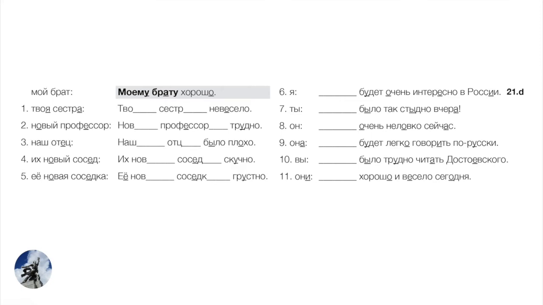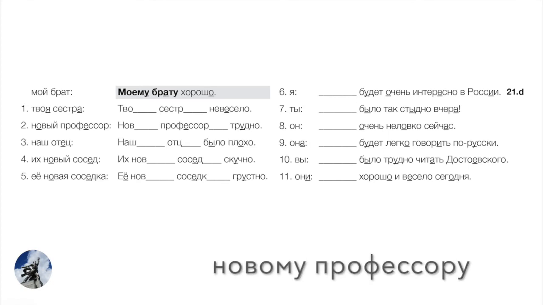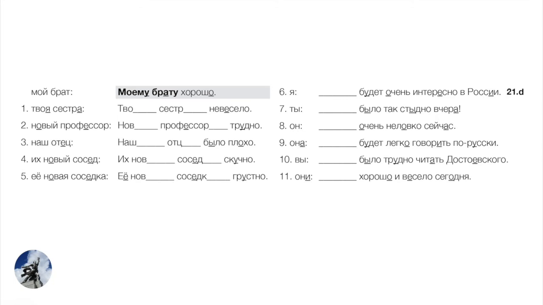Твоя сестре, what'll that be in the dative? Твоей сестре не весело. Things are unhappy. Your sister is unhappy. She's not having a good time. The new professor. Новому профессору трудно. Things are hard for the new professor. Things are difficult for him. He's new on the job.